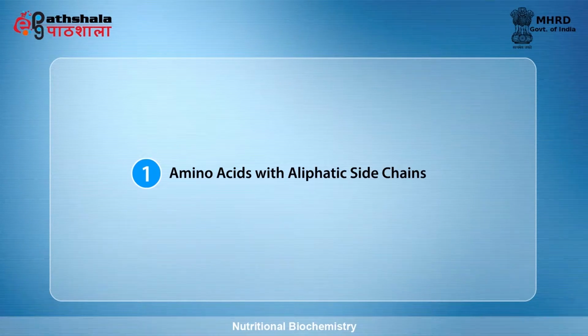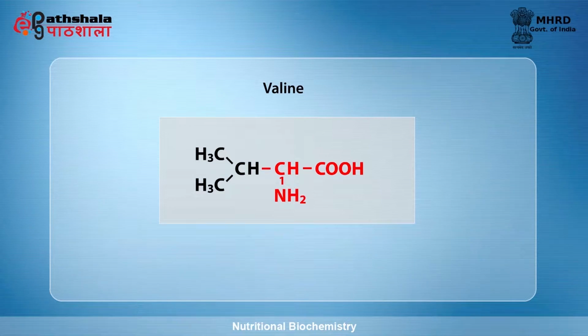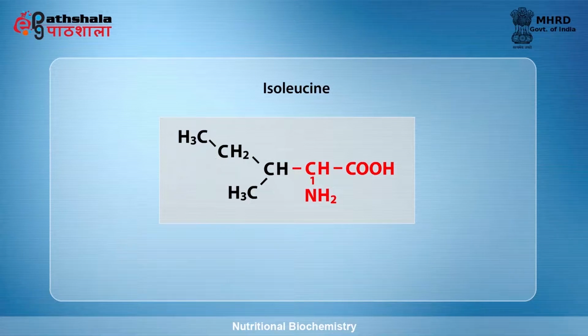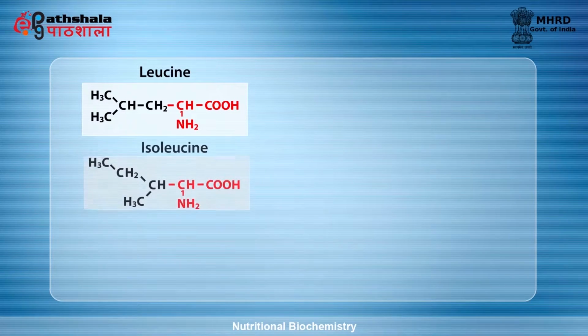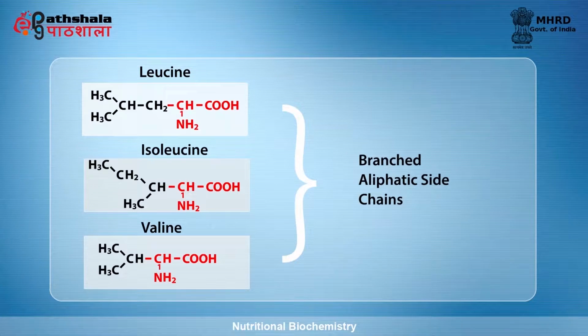This group consists of the most simple amino acids like glycine, alanine, valine, leucine and isoleucine. The last 3, leucine, isoleucine and valine, contain a branched aliphatic side chain, hence they are referred to as branched chain amino acids.